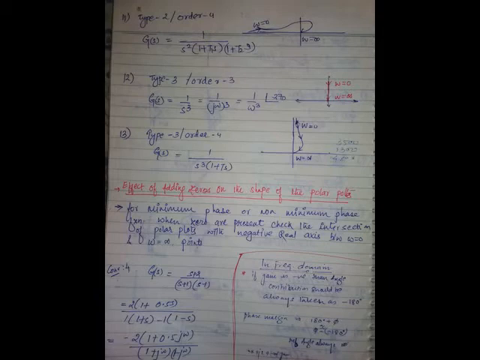Now, for the same system, I am adding one pole: 1 by s square into 1 plus s into 1 plus 2s. When omega is 0, again the magnitude becomes infinity and angle will be minus 180. When omega is infinity, the magnitude becomes 0 and angle becomes minus 360, because you have one more term.